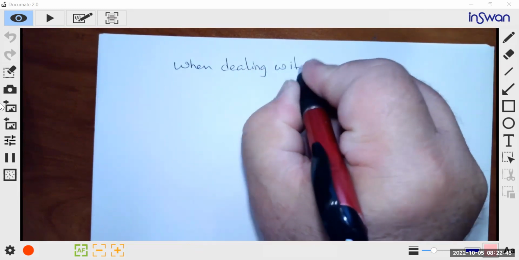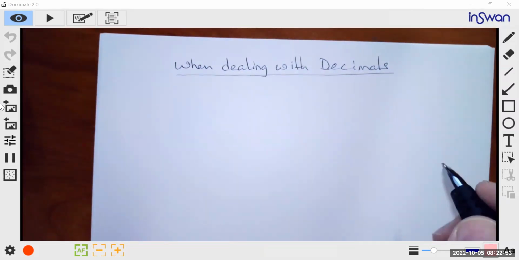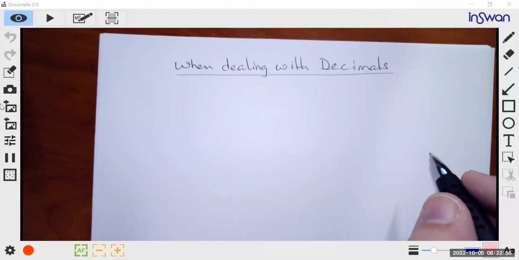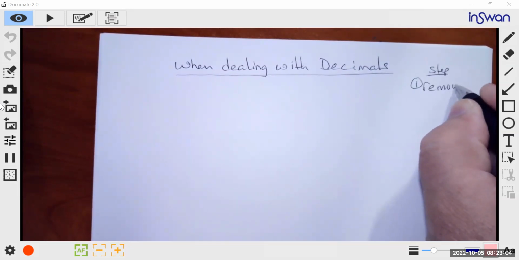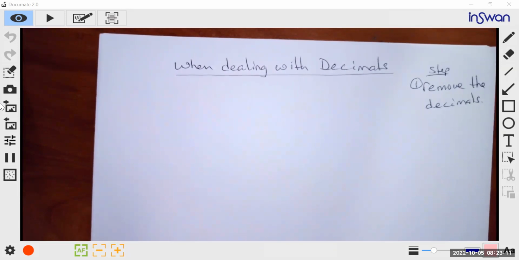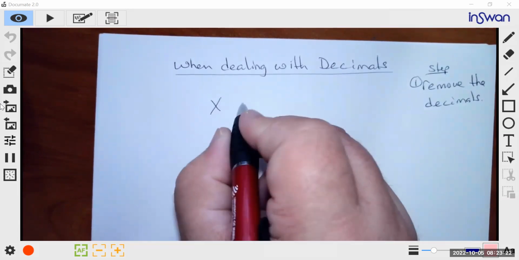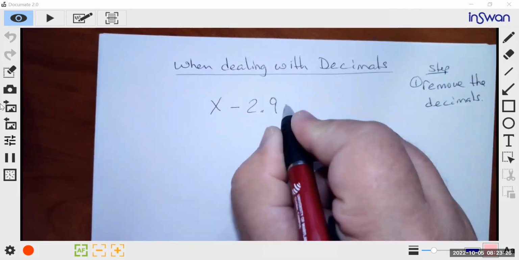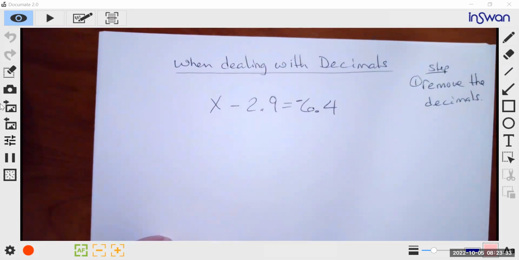When dealing with decimals, first step, remove the decimals. x minus 2.9 equals negative 6.4.